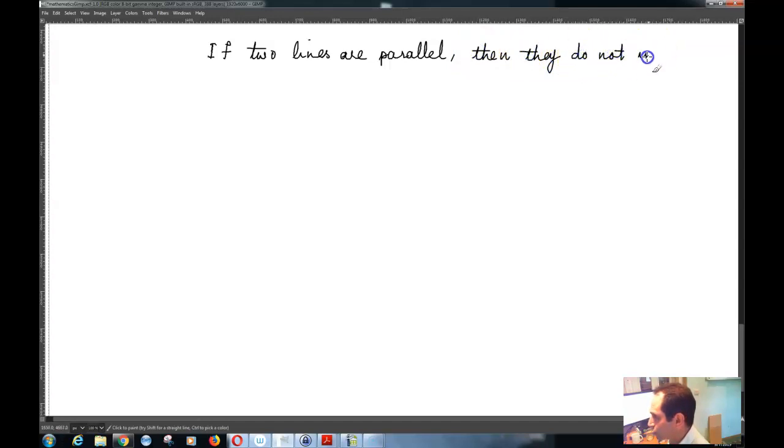Now, part 2 of question number 2 is a statement which says if two lines are parallel, then they do not intersect in the same plane.